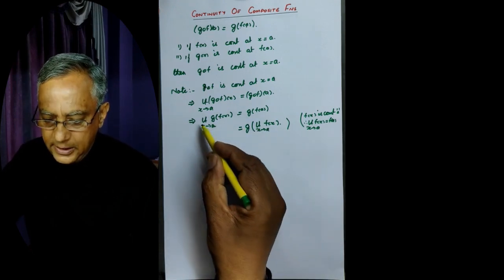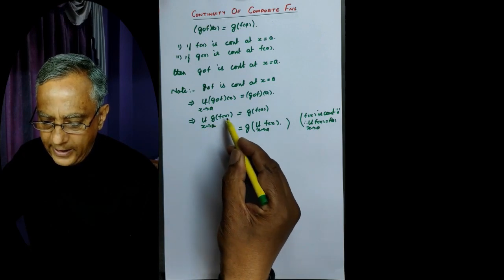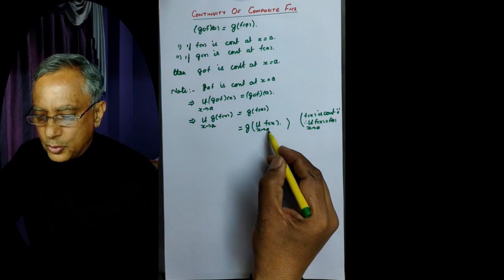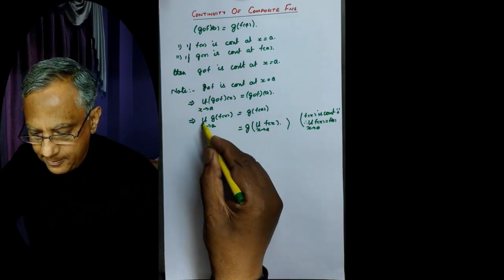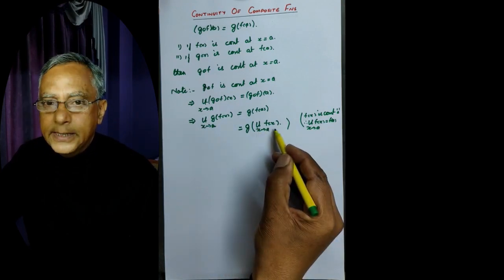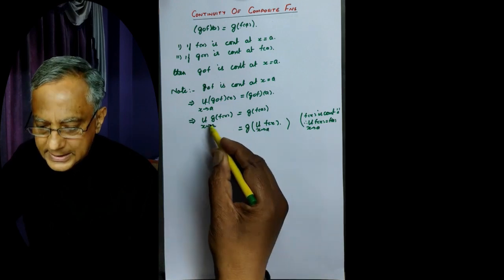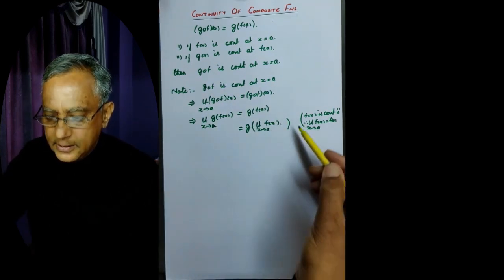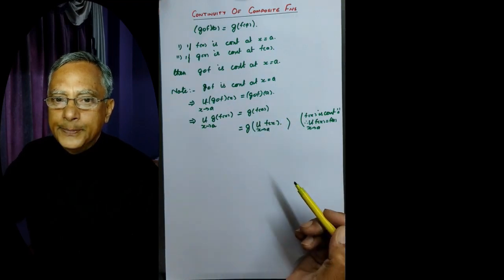That is, the limit as x approaches a of g(f(x)) will be equal to g of the limit as x approaches a of f(x). This limit can be taken inside. This result is very useful in doing problems.